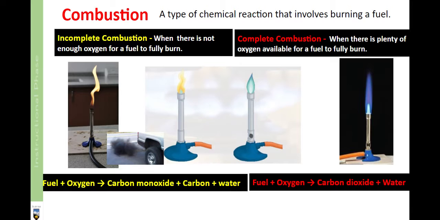Now, the products produced in that reaction are always carbon dioxide and water. So we make carbon dioxide gas and water vapor. So the word equation for that would be fuel plus oxygen goes to make carbon dioxide and water. Now, your fuel, guys, could be any type of fuel.